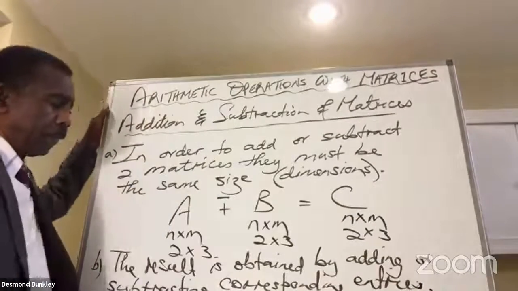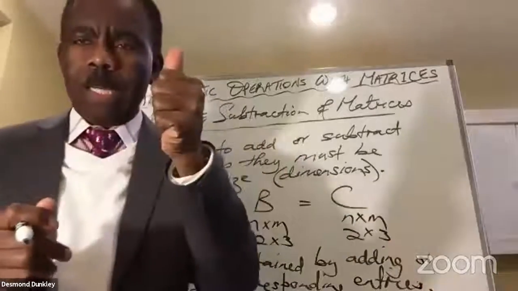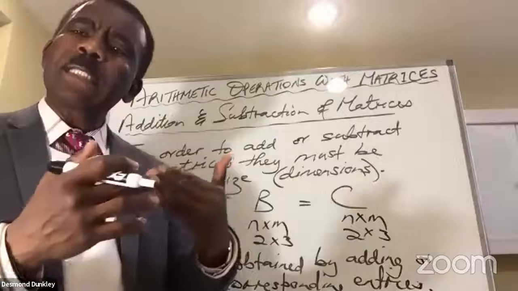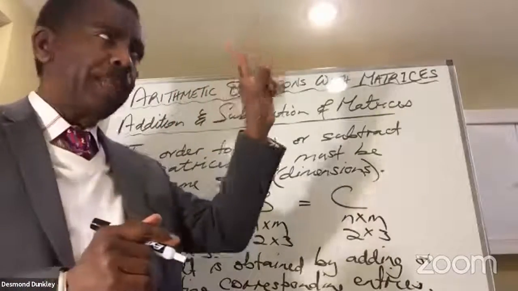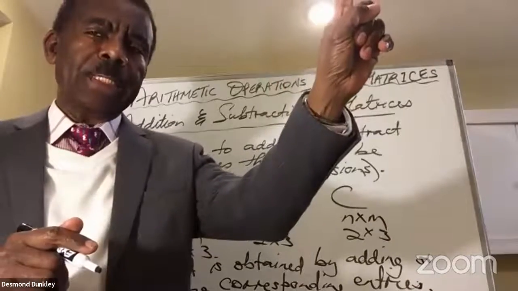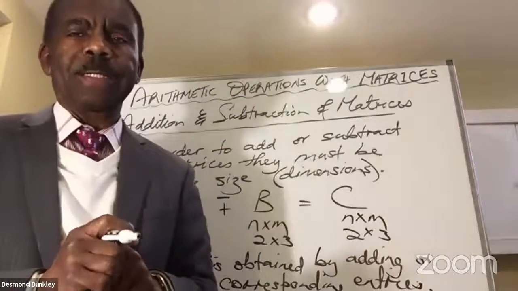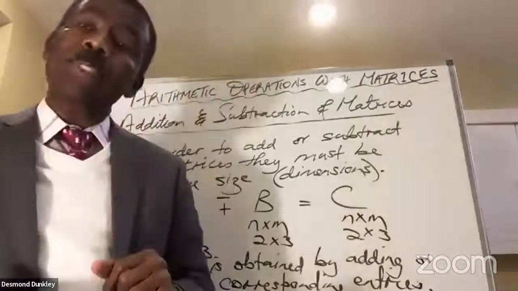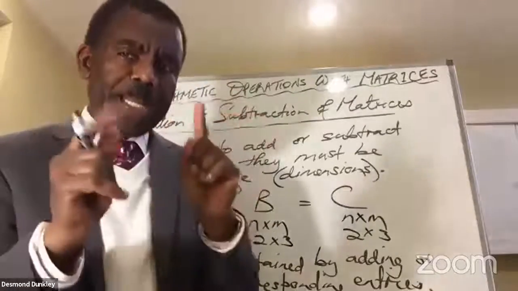So they have to be the same size, one, and two, the results are obtained by taking corresponding entries. Say, for example, the first entry in the first matrix, add to the first entry in the second matrix, and that gives you the first entry in the result. So just add corresponding entries, and if it's subtraction, you subtract corresponding entries only.